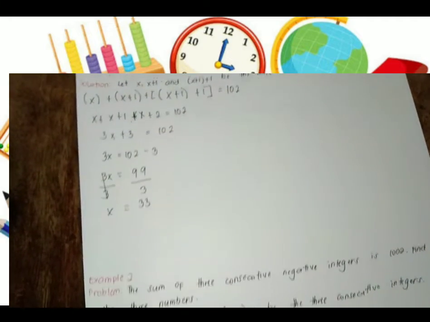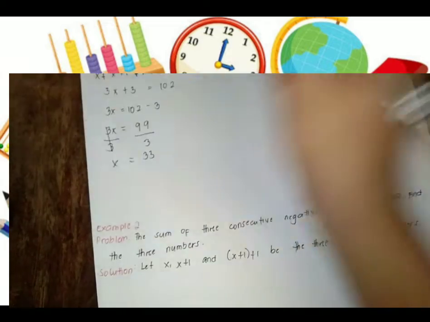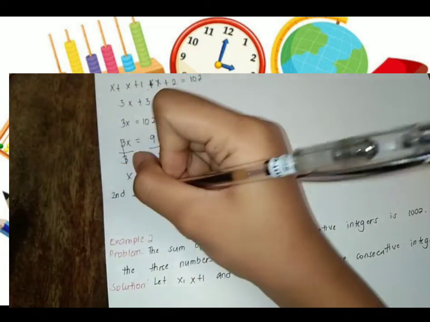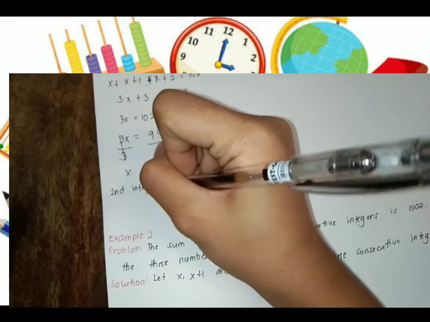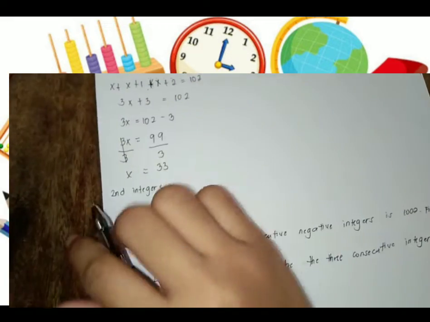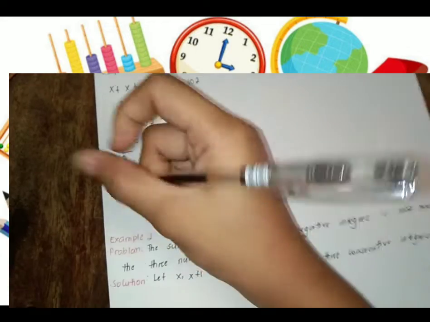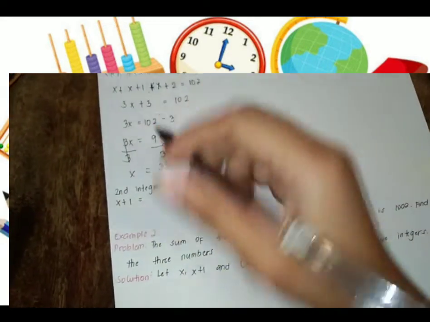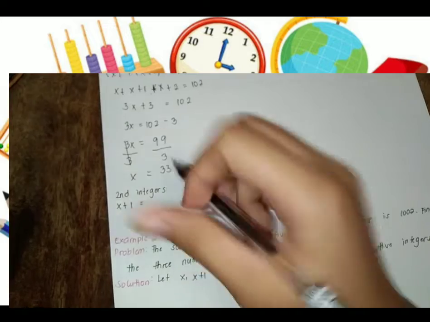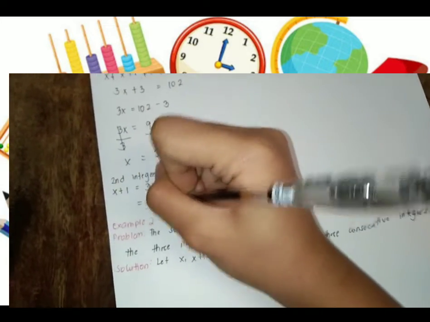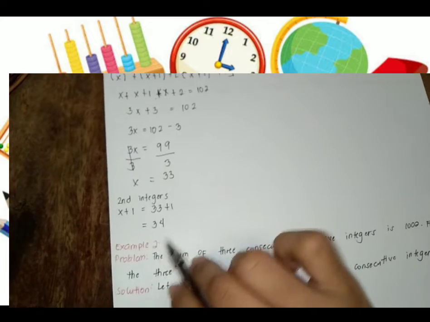Okay, now we are going to solve the second integer or the second number. Okay, so in solving the second integer, we will just write x plus 1. So our x is 33 plus 1 is equal to 34. So this is our second integer.